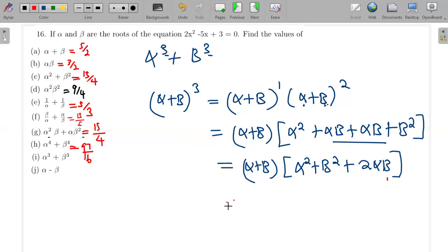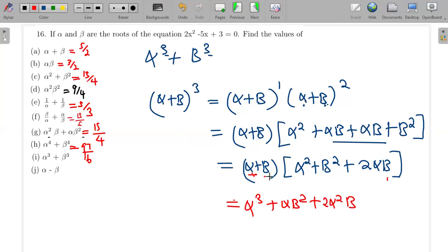Okay, so this is going to be equal to, we're just now going to multiply these two. So alpha will multiply with everything in here. Alpha multiplied by alpha squared will be alpha to the power 3. Alpha multiplied by this will be plus alpha beta squared. Alpha multiplied by this will be plus 2 alpha squared beta.